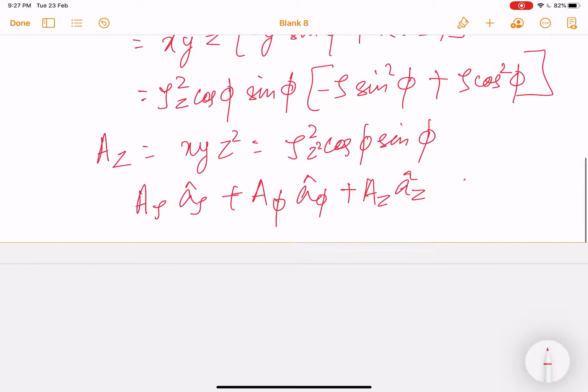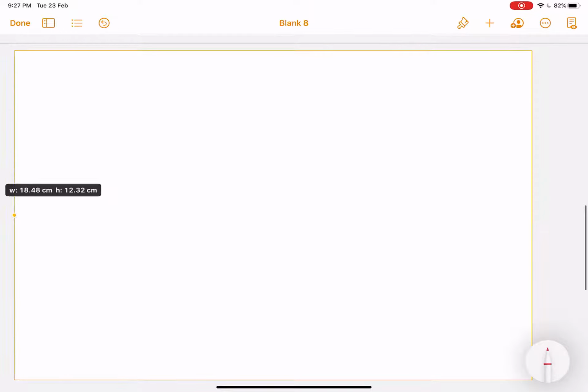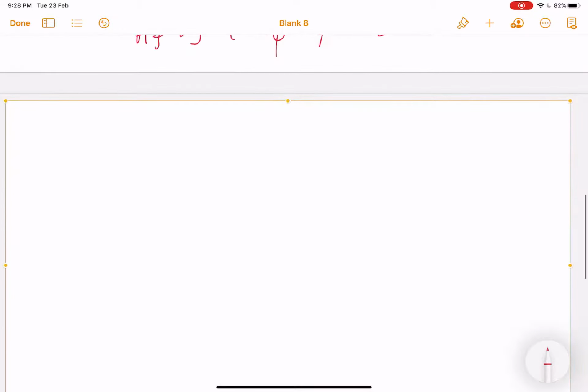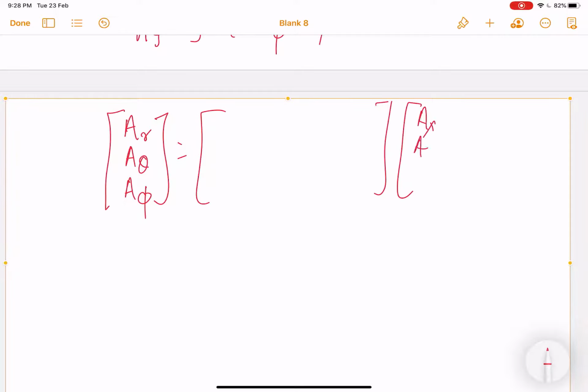Then next we have to do it in spherical coordinates also. It's asked of us to solve it in spherical as well. Okay, ar, a theta, a phi. Then over here ax, ay, az.